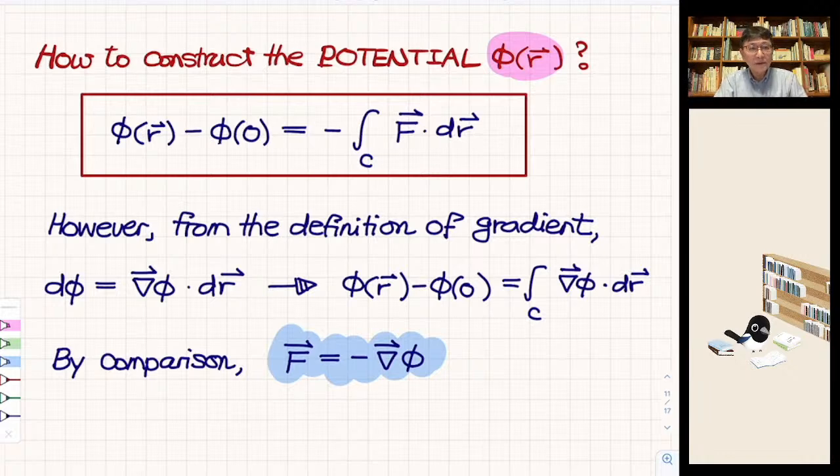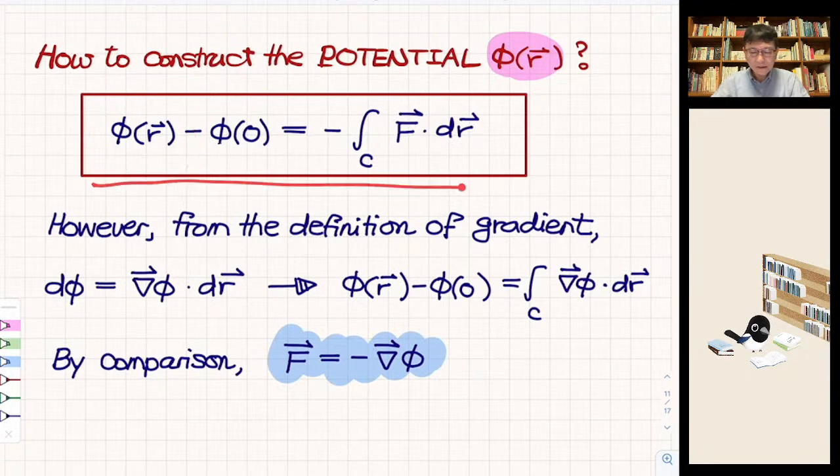So it's relatively simple. And you also know that the potential is always defined up to an arbitrary constant. You cannot really pin down the potential energy to just this particular value. It's always legal to add some constant to the potential energy and it still works.